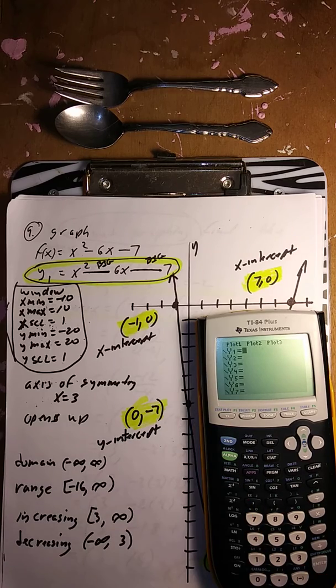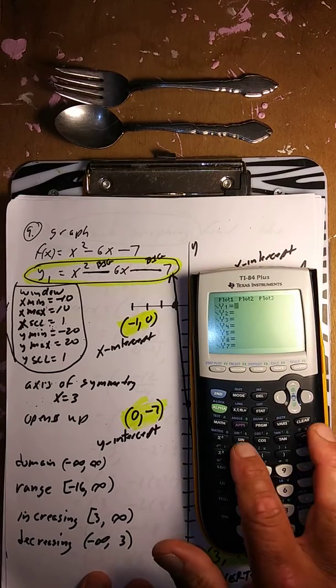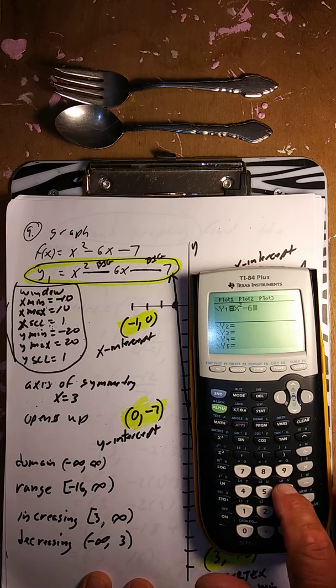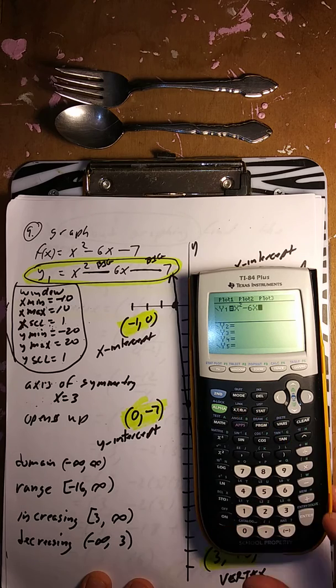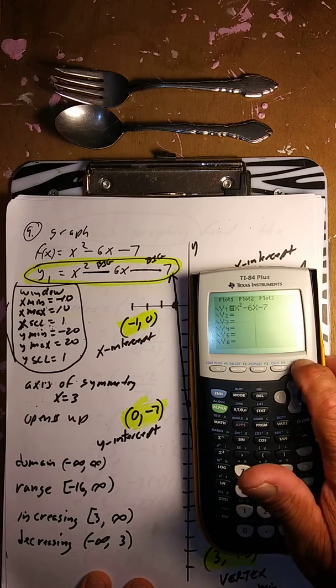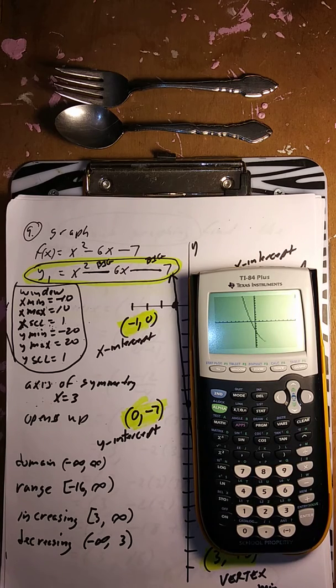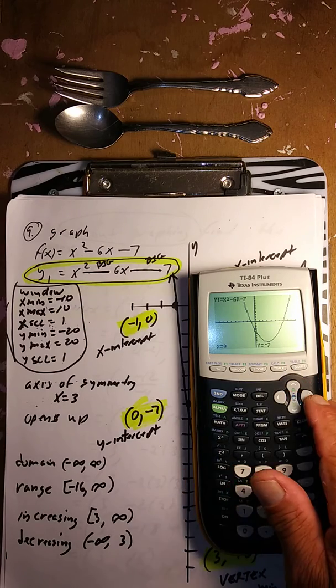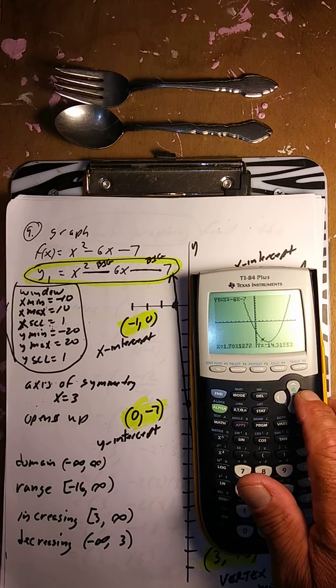Now we put our function in and start graphing this thing. Now we're going to put in x squared minus 6x minus 7. Everything okay? I say yes. There's the graph right there. You can use trace to get (0, -7), and other points over here too.